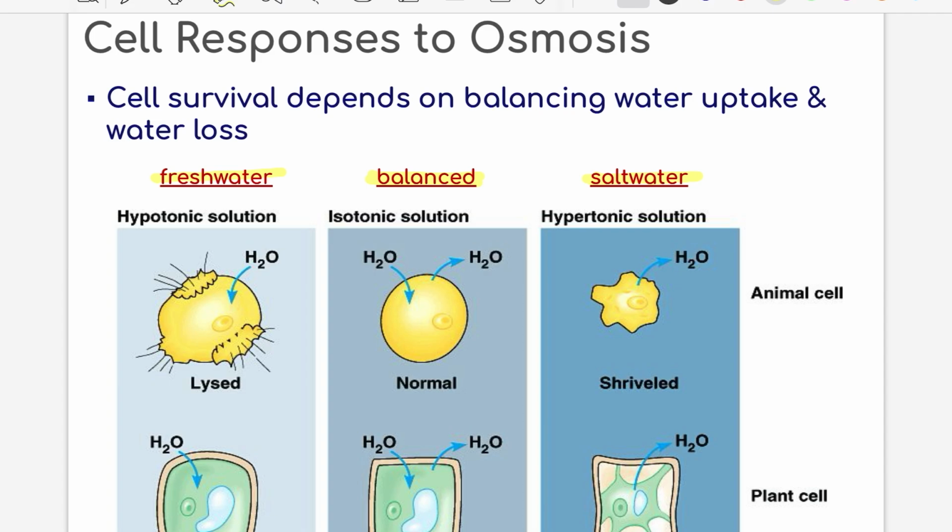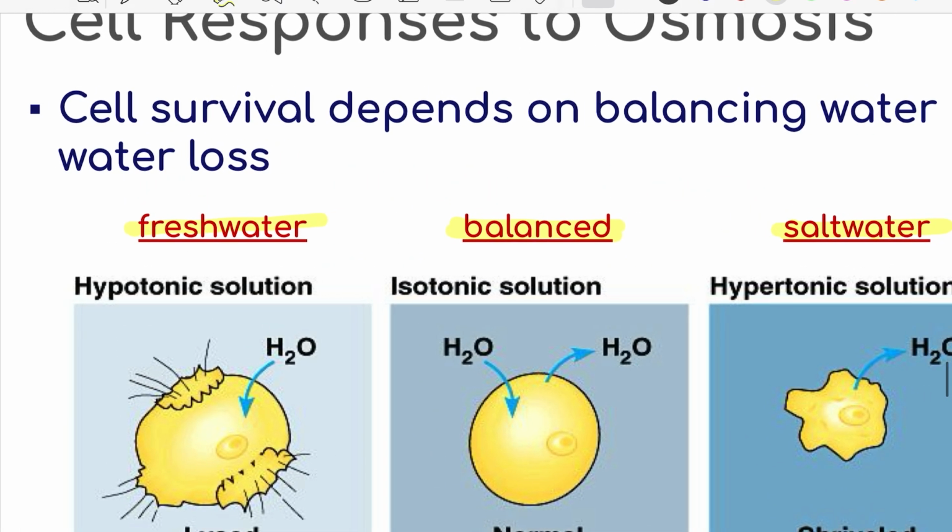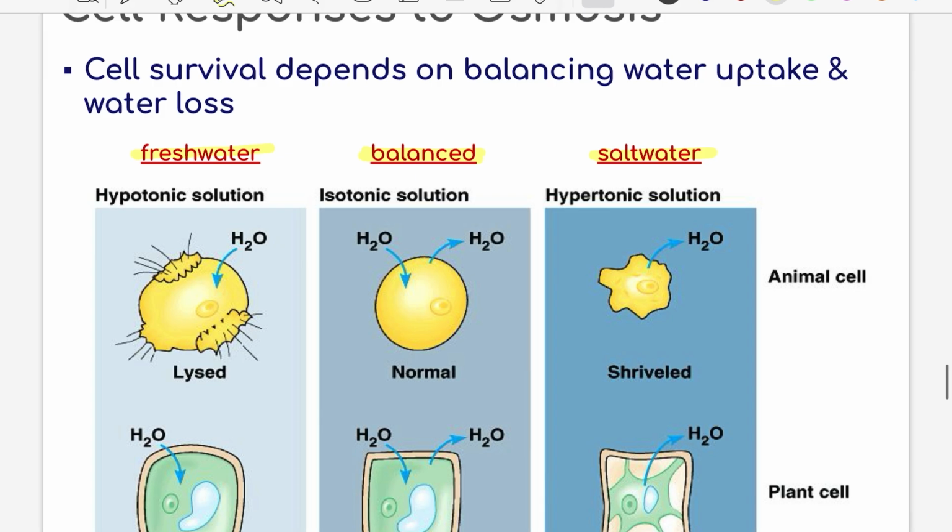So in other words, if we were to write out those words, we've got them here. This is a hypotonic solution. This is a hypertonic solution, salt water. And then isotonic is balanced. It's equal.